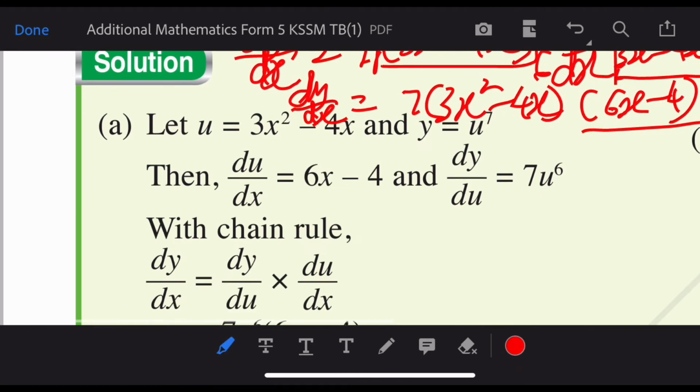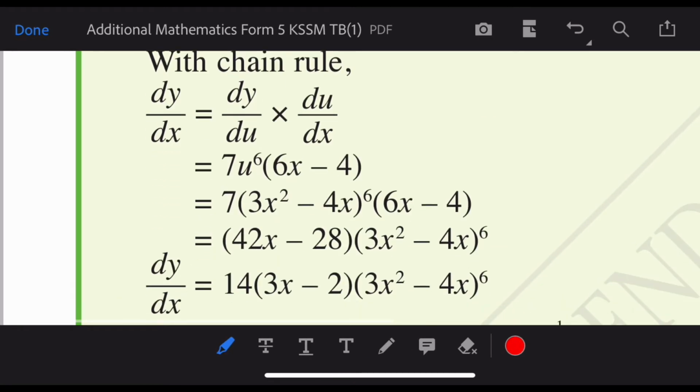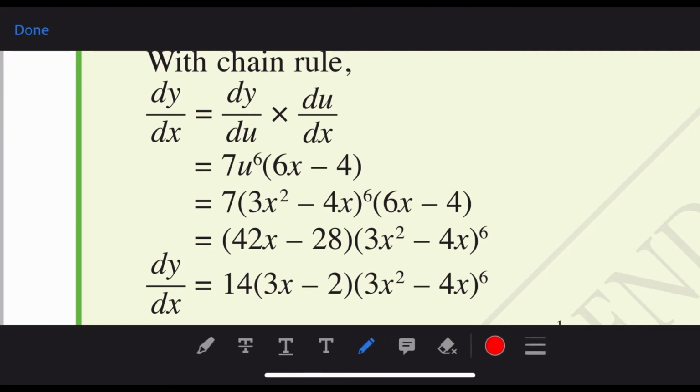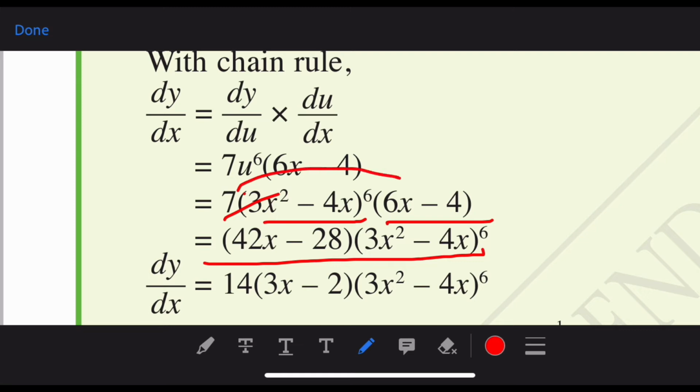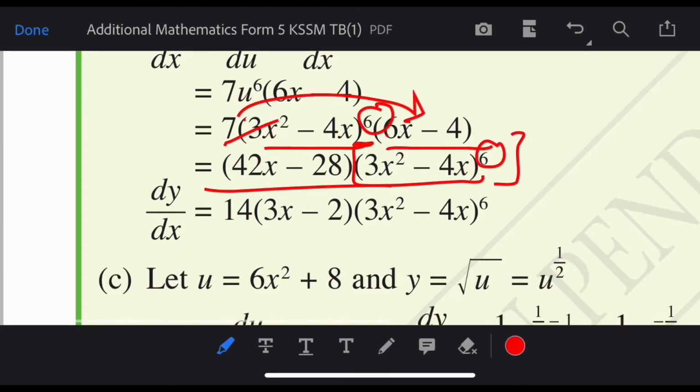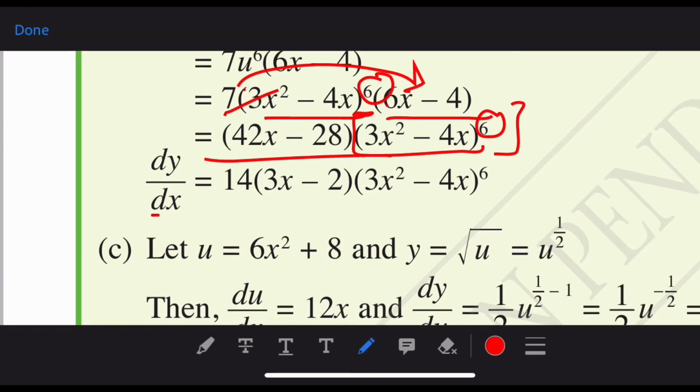You can use the chain rule actually. 7, then this thing 6x minus 4. Finally, you can simplify this 7, you times it to this side, but don't times it with the power 6. Power 6, the higher power, don't do anything. 7 times 6 is 42x minus 28. So your dy/dx you can leave in simplest form like this.